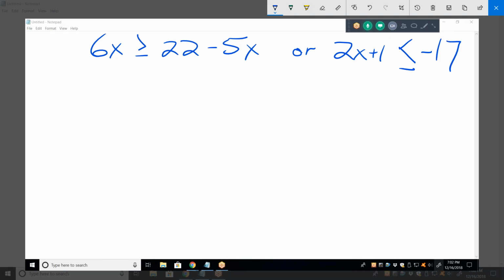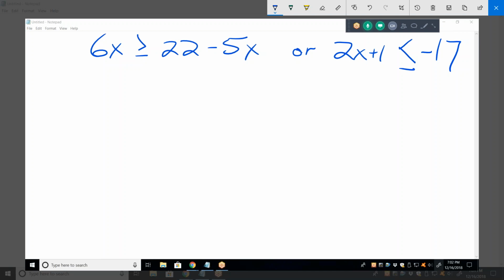Now, is the problem here to graph both of these and find the region of solution? It just said to solve the inequalities, so I think just solving for x. Okay, how do you solve the first one for x?